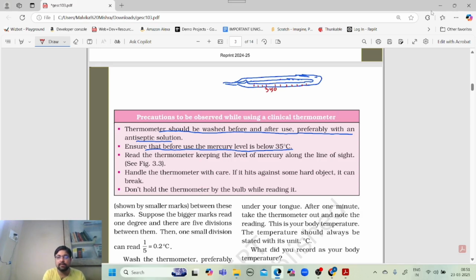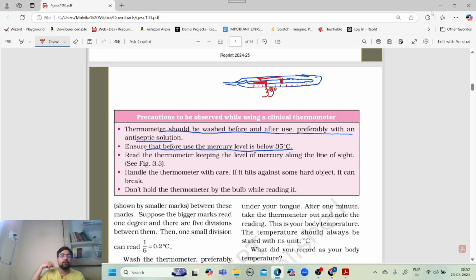The mercury level inside this tube was here. So you will ensure that this mercury level should be below this marking, below this 35 degrees Celsius. This is not 350, this is 35 degrees, right? So you should ensure before using that this mercury level should be somewhere below 35 degrees Celsius, in this area somewhere.